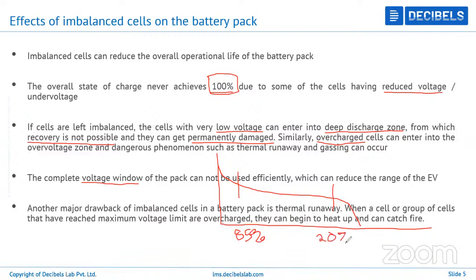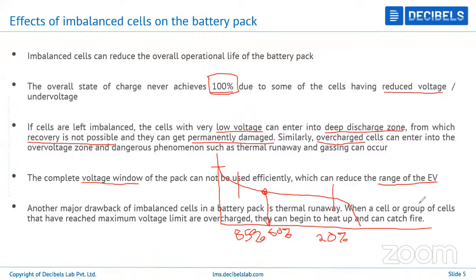But if you look at the voltage graphs of all the cells put together, say some of the cells are only partially charged, say till about 60%, then the entire battery pack will only have an effective voltage window of 60% of its actual capacity. That is one of the other drawbacks of an imbalanced battery pack, which directly affects the range of the vehicle.